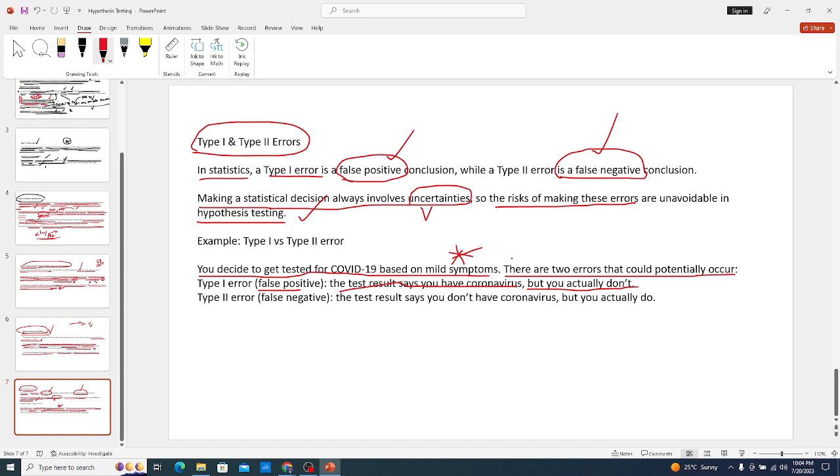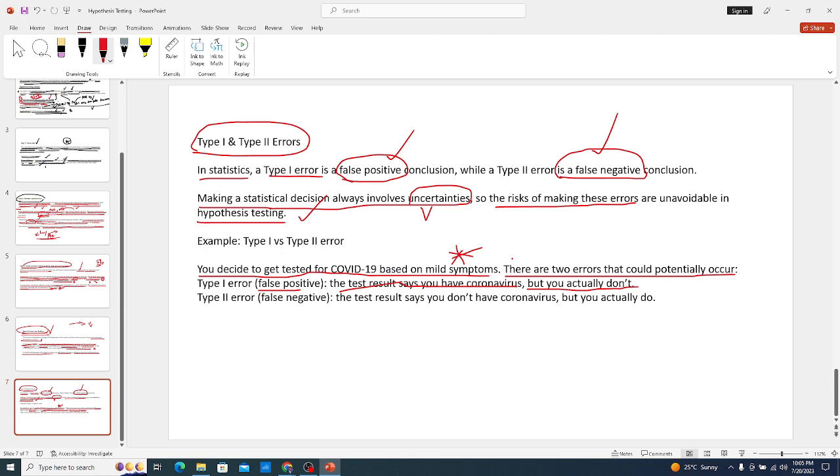If we use, let's say, two symptoms like fever and maybe headache, malaria can also have those two symptoms. So you might make a false positive conclusion: the results are showing that you have COVID-19 virus, but you actually don't.